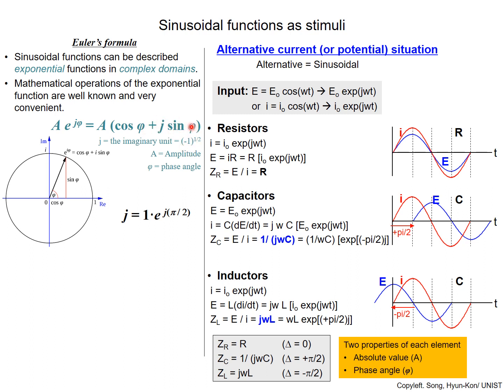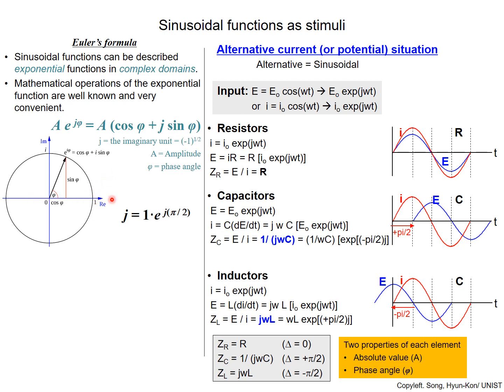That is Euler's formula. So you could convert cosine or sine into exponential functions. Mathematical operations of the exponential function are well known and very convenient. Also, I'd like to emphasize the meaning of A and phi in the complex number domain.